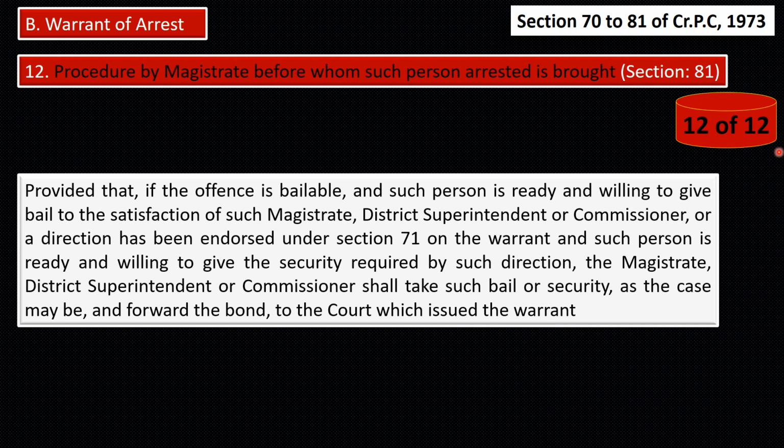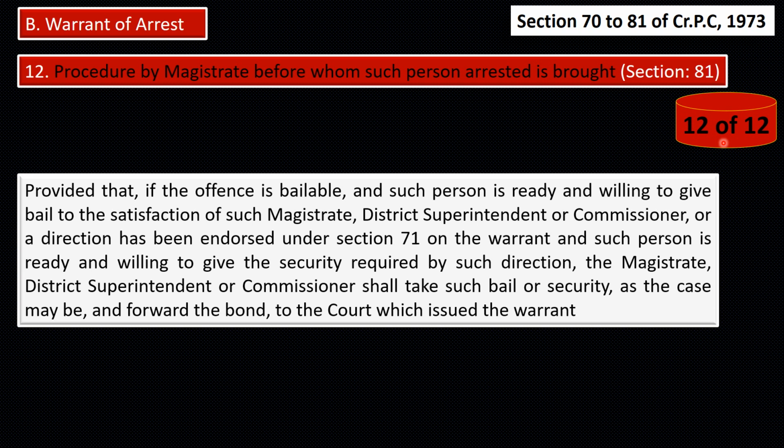Till now we have been studying about warrant of arrest, how it is issued, how it is to be implemented, who can serve it, and how it should be served upon a person to be arrested, and also, where a person is residing outside the jurisdiction, what procedure is going to be adopted.